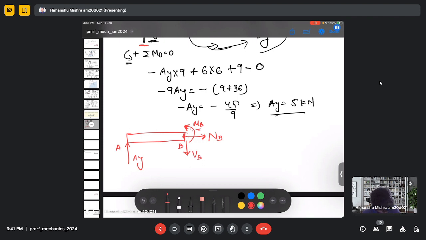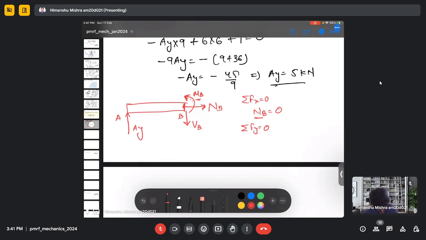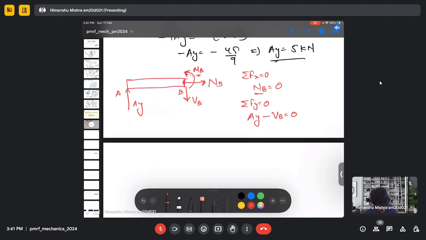So now we do the force balance in this beam. My horizontal force is 0 because this is my only horizontal force. And the vertical force is Ay minus Vb equal to 0, which gives us Ay equals Vb. So my Vb will be Ay, which is 5 kilonewton.